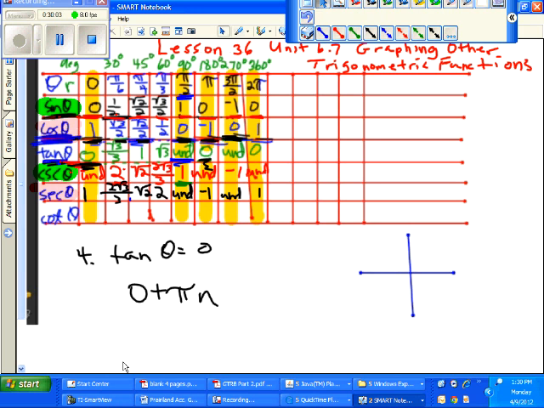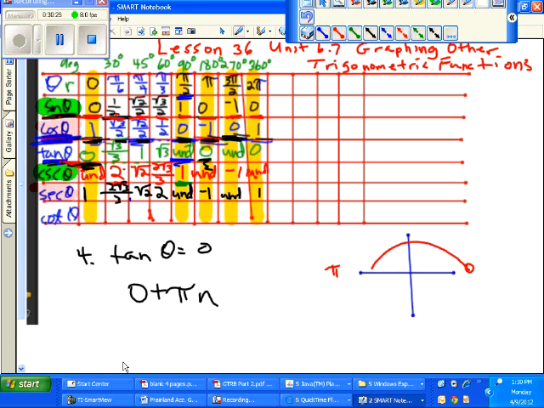N is an integer. So it happens at 0, and then going around the circle halfway around, as many times as you want to go halfway around. Okay? In other words, the tangent of 0 is 0. The tangent of pi is 0.